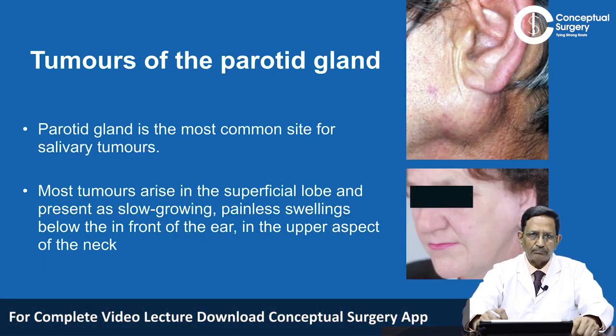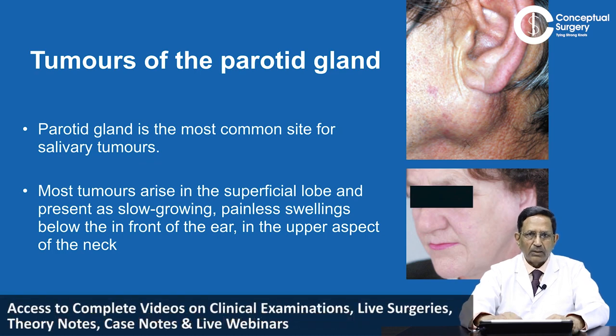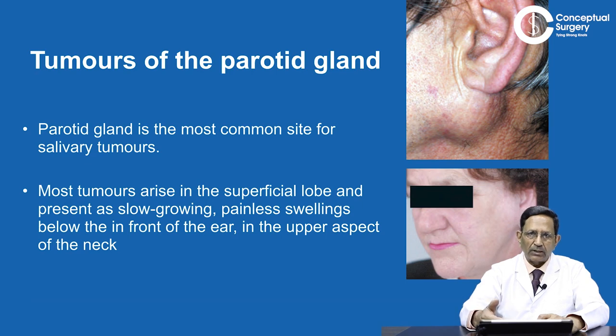Now the tumor, which is a very worrisome feature. The most common site for salivary tumor is the parotid, and they usually arise in the superficial lobe, as a slow growing, painless swelling, typically in the parotid region. I have already said that sometimes they are anterior to the tragus or the ear lobule is lifted.